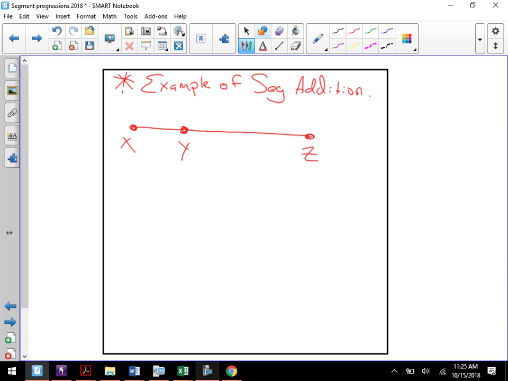What are the two smaller segments in this one? XY and YZ. Add those two together, what do you get? There you go. It's one of those things that people tend to forget. You're just adding segments together.